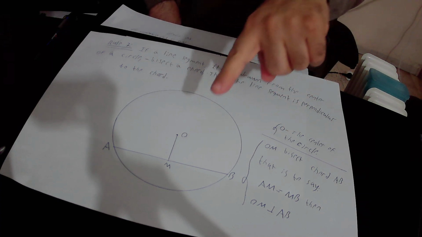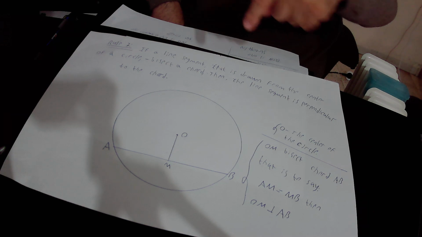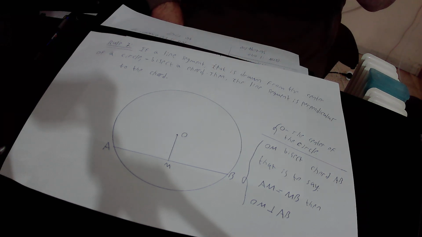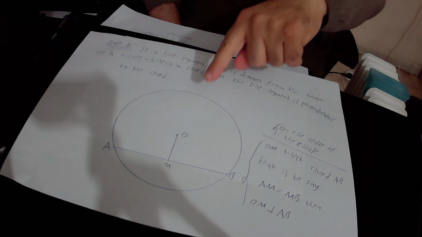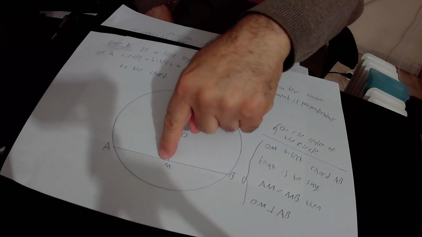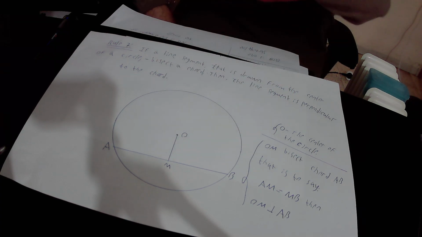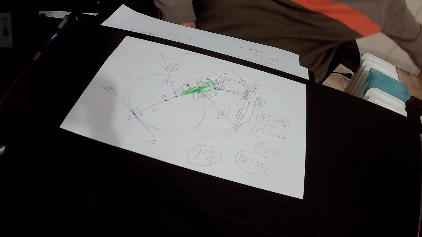That is to say, AM equals MB. Because OM bisects chord AB, OM will also be perpendicular to AB. That is to say, this angle equals 90 degrees and this angle equals 90 degrees according to rule number 7.